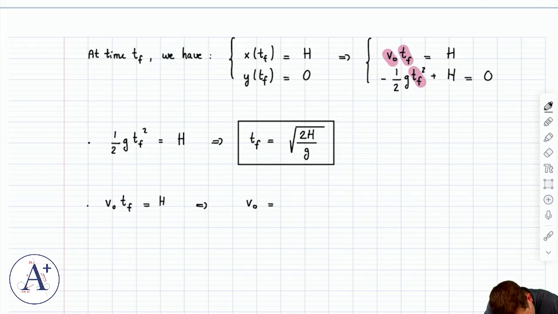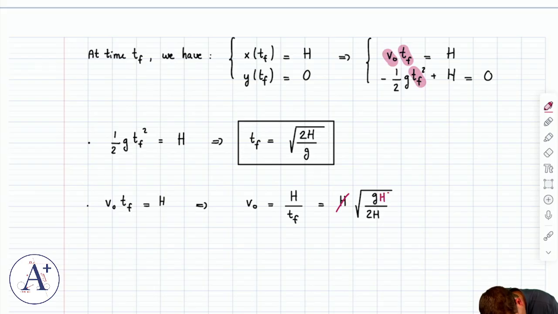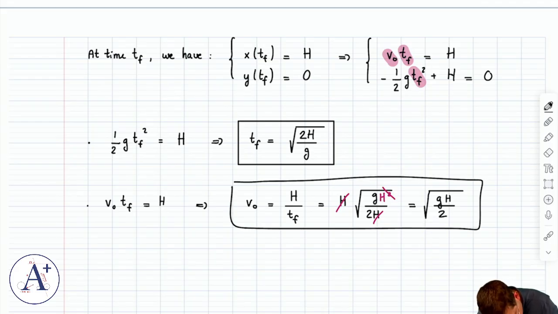Right, so v0 is going to be h over t final. That is going to be h times the square root of g over 2h. If I absorb h under the root, I'm going to get h squared up here. The h down here is going to kill the square, and this is going to be the square root of gh divided by 2. And that's going to be v0.